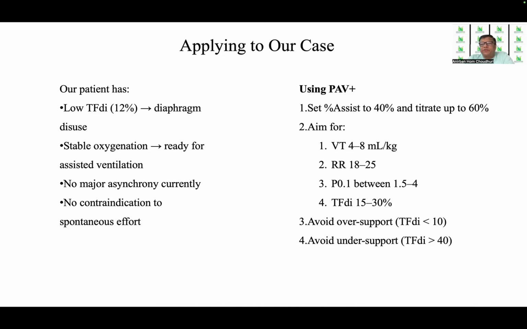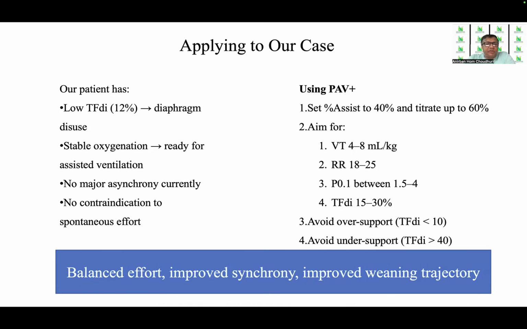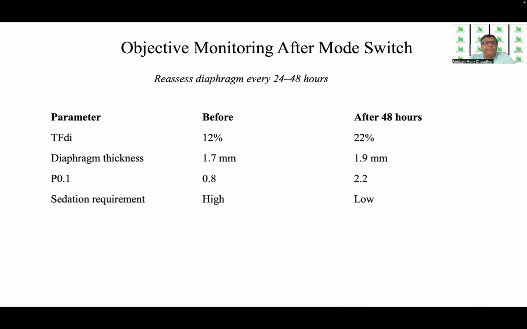The P0.1 should be between 1.5 to 4, and the TFdi support 15 to 30%. Avoid over-support, with a TFdi of less than 10, and avoid under-support, with a TFdi of more than 40. So this produces balanced effort, improved synchrony, and an improved weaning trajectory.